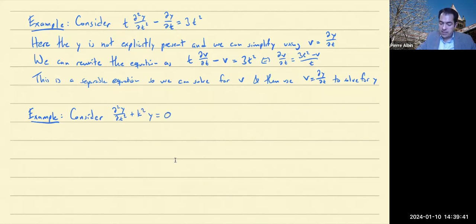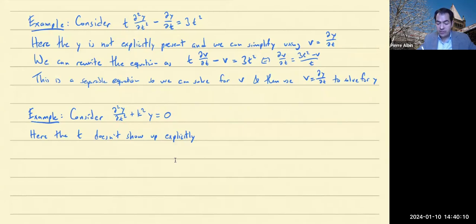So here the t doesn't show up explicitly. It only shows up where we're denoting that the derivatives are taken with respect to t, but this equation doesn't have any t showing up.